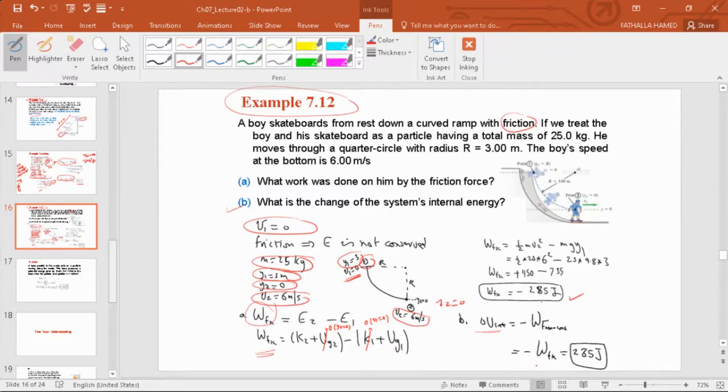In this case, the work done by other forces is the work done by friction. So you have a minus here, and the work done by friction is minus 285 joules. So the change in the internal energy of the system is 285 joules. Is this clear? Any questions on this?